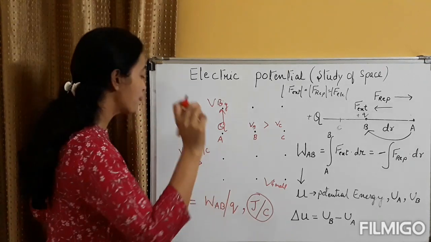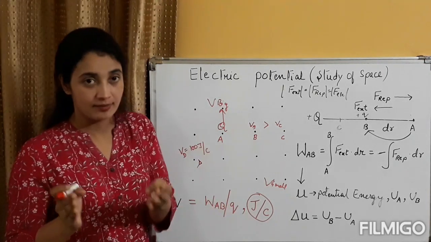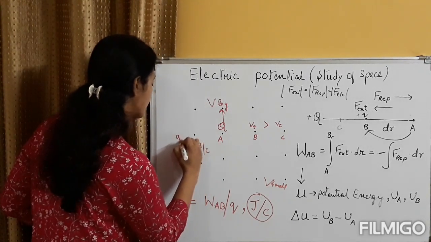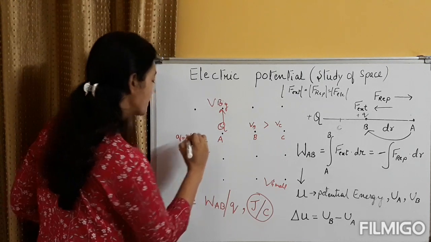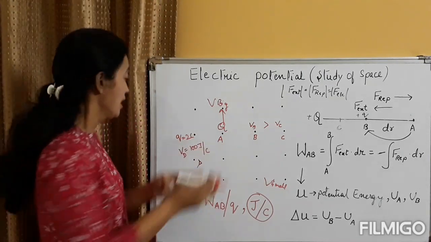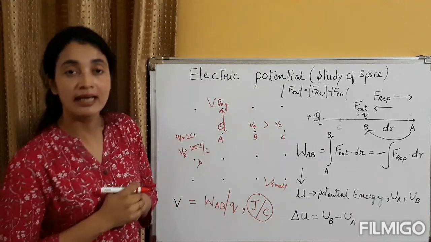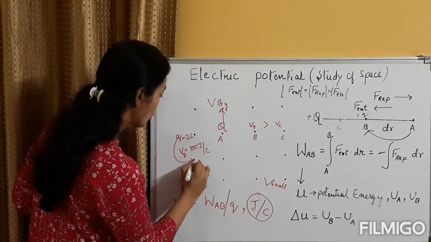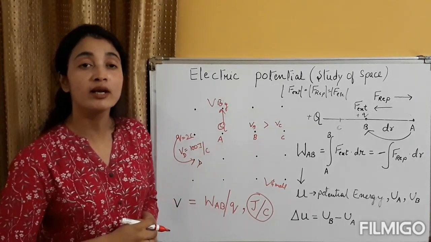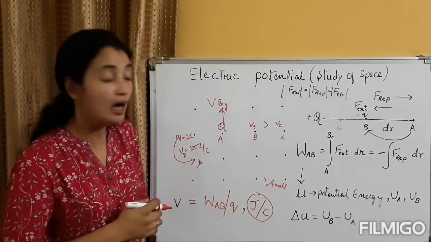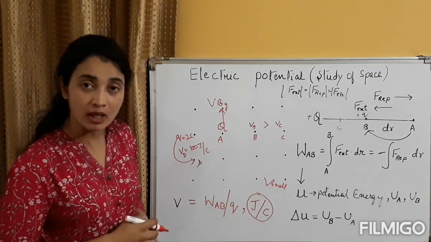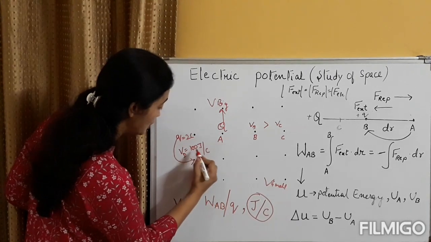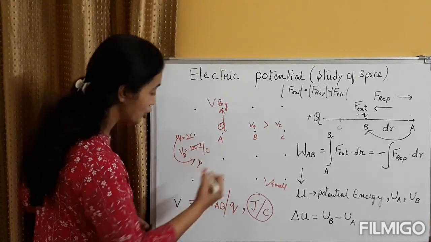I mean, if I bring a guest charge, say the guest charge has come and its value is 2 coulombs, and it wants to reside at the point D, then what will be the potential at the point D? Yes, the potential at the point D is already given: 100 joules per coulomb.